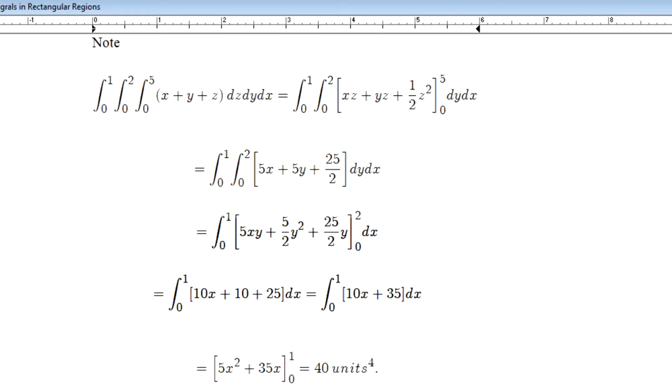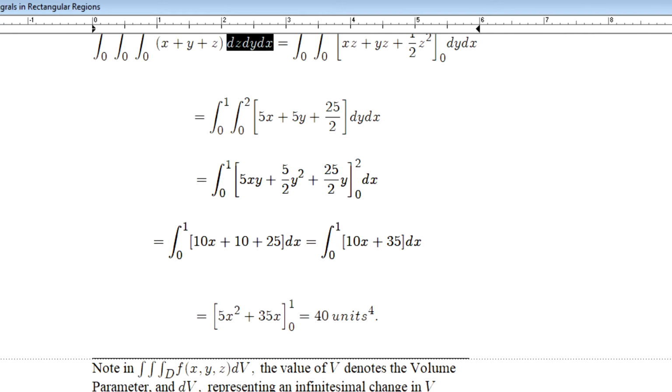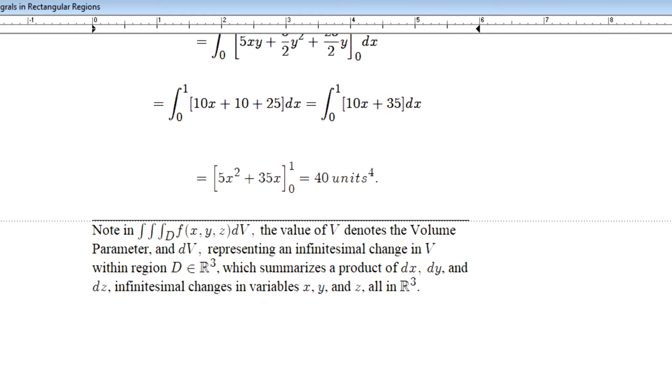That dv given above summarizes this product of dx, dy, and dz here. Where what are dx, dy, and dz? As we saw with double integrals, dx, dy, and dz represent little infinitesimal changes in our variables x, y, and z. If we make small infinitesimal changes in variables x, y, and z in our integration process, we are in a sense making a small infinitesimal change in volume.